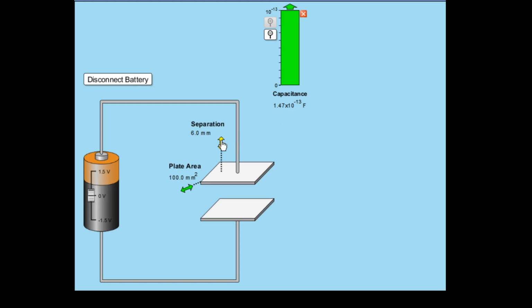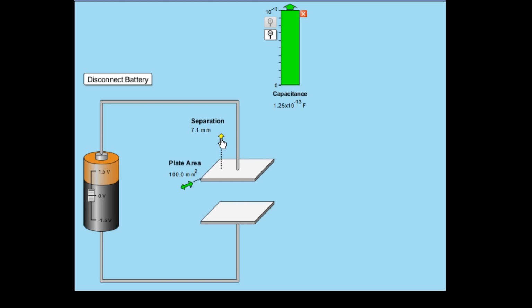Now let us increase the distance of separation. Suppose I have taken 7.5 millimeter, meaning I have increased the separation. Then we found that the capacitance has decreased to 1.19 into 10 to the power minus 13 farad.